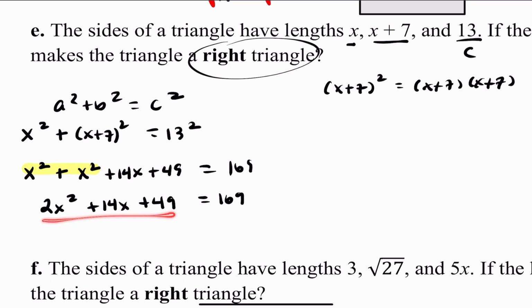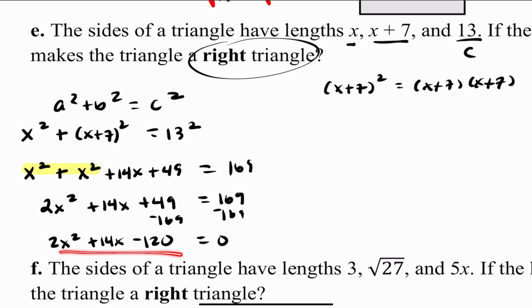And look at that. This looks like where I need to use the x method. So I'm going to subtract both sides by 169. So I have 2x squared plus 14x, and then plus 49 minus 169, that's minus 120, equals 0. Okay? So you have this.